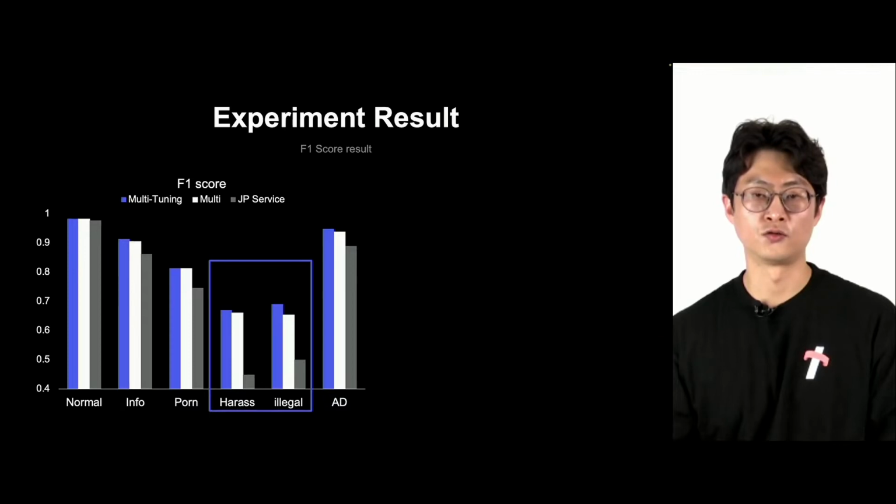And the tuned version has higher performance than the non-tuned version. And for harassment and illegal labels, the large model had a higher performance. And looking at the results, even if there is data imbalance, it's better for performance when you introduce a large model.